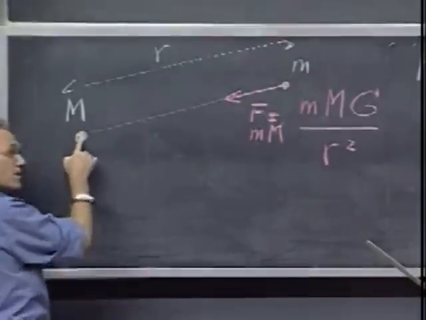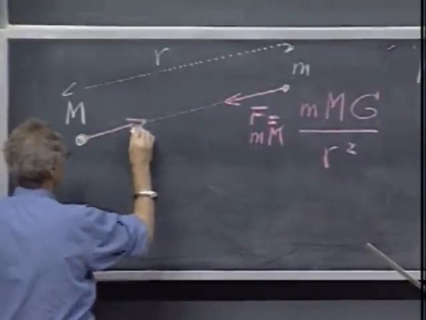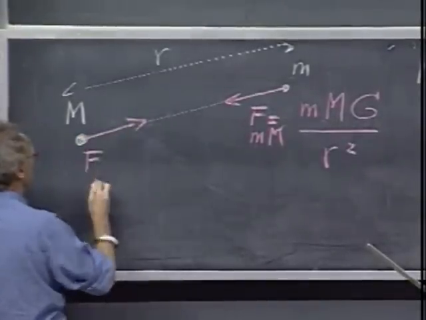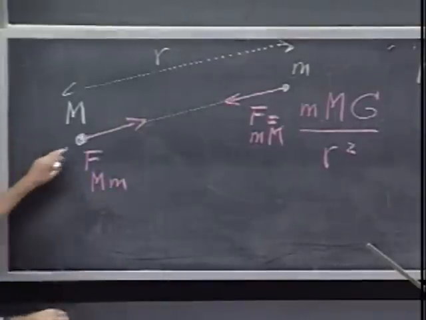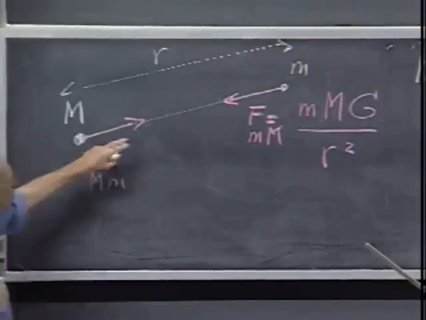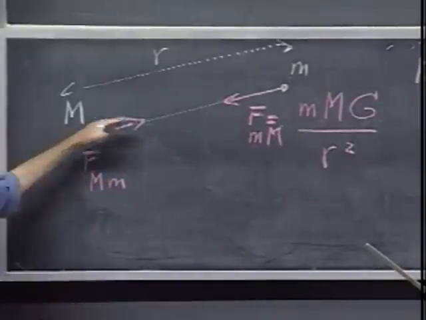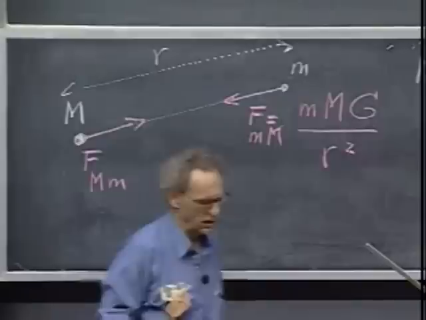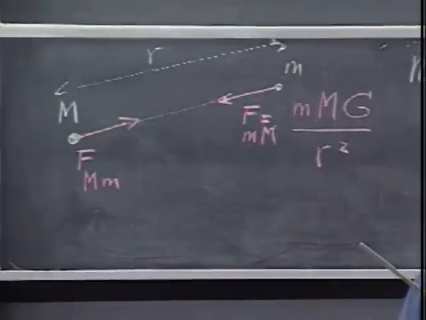Since Newton's third law holds, action equals minus reaction, the force that capital M experiences due to the presence of little m is exactly the same in magnitude, but opposite in direction. And that is the universal law of gravity.